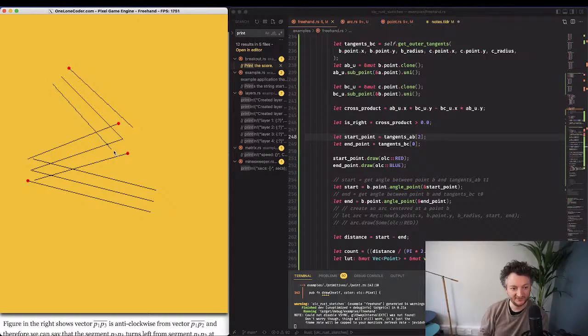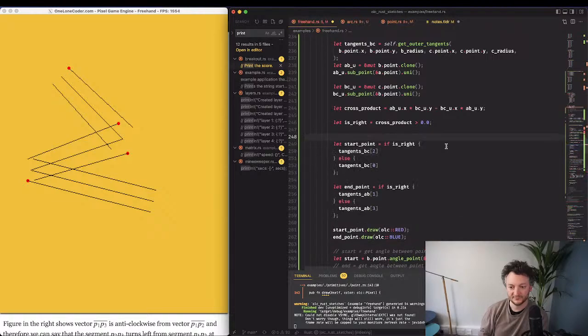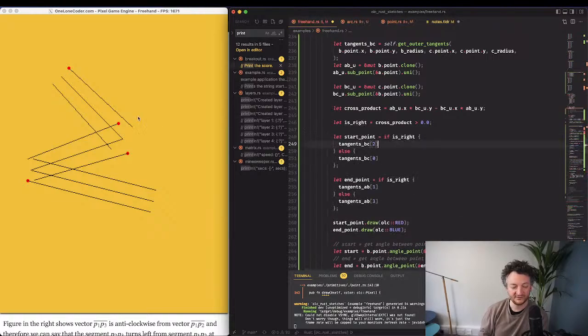So it should go 1, 2, 3, 4. And if we are going left, then it should be starting from A, B, 3 and going to 1, 1, 0, 1, 2, 3, 0, 1, 2, BC2.